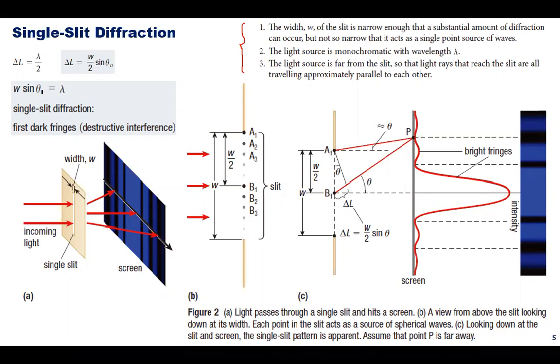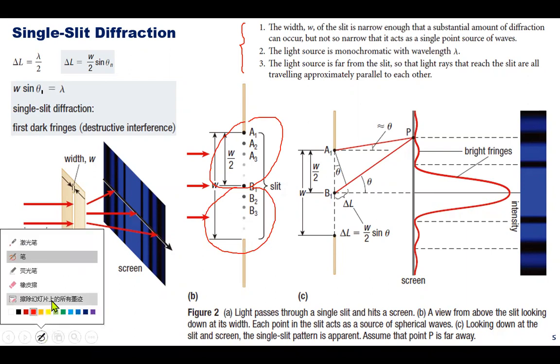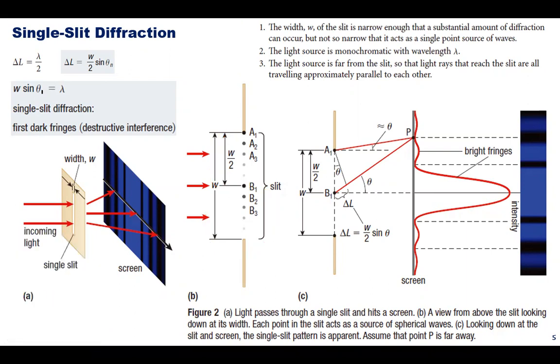So when the slit is divided in half, which is shown here, upper half and lower half, coherent waves that interfere with each other appear as light passes through the slit. The points in one half are labeled A, which is these points here.